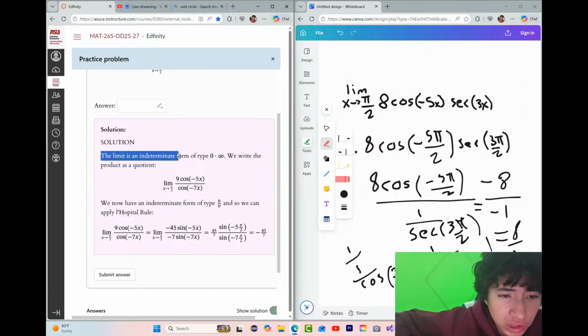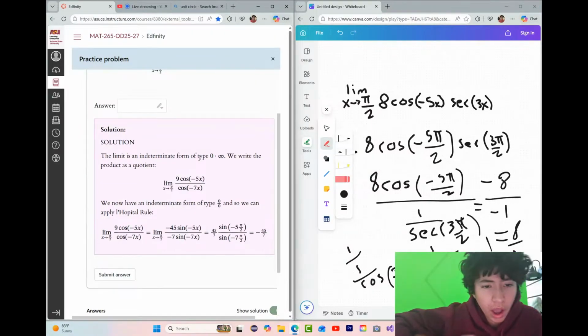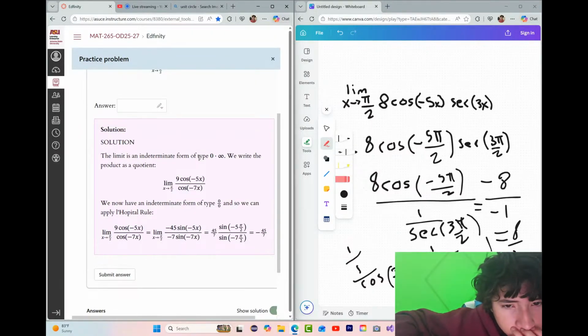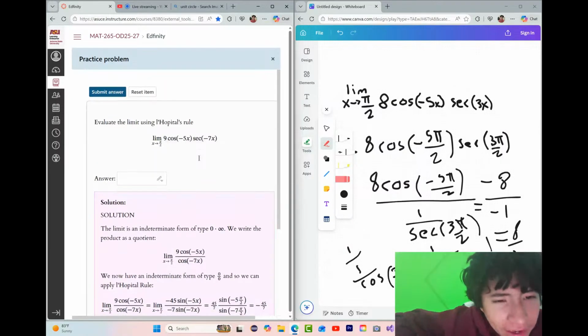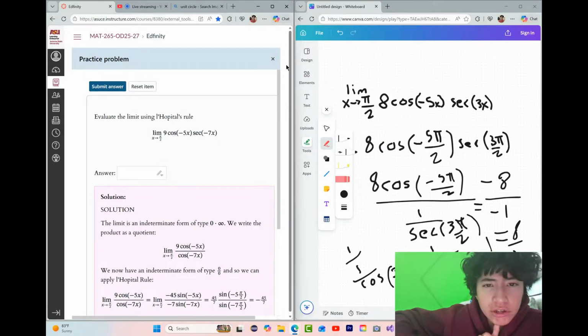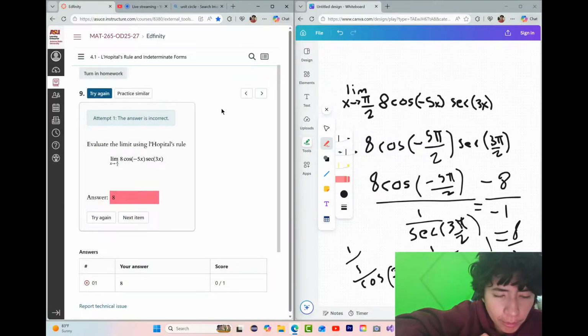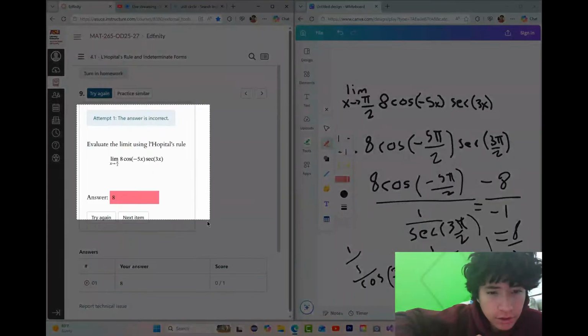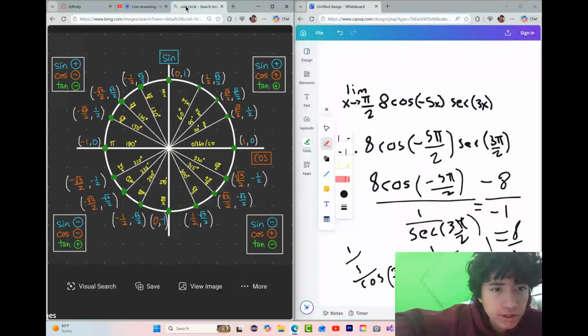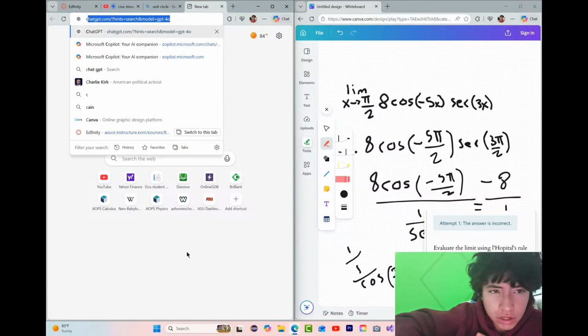Wait, why is the limit an indeterminate form of type 0 times infinity? Wait, why? That makes utterly no sense. Yeah, I think I'm going to ask Copilot, because this is not making sense.